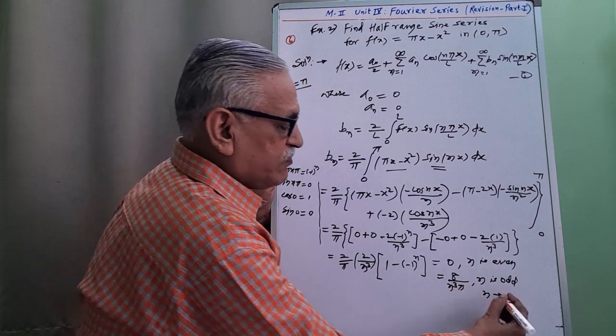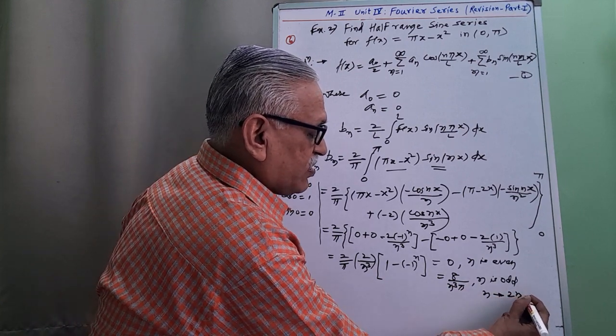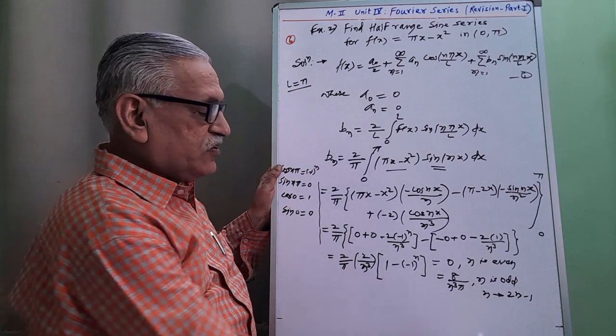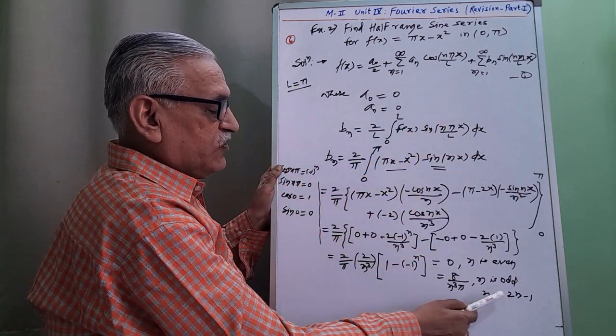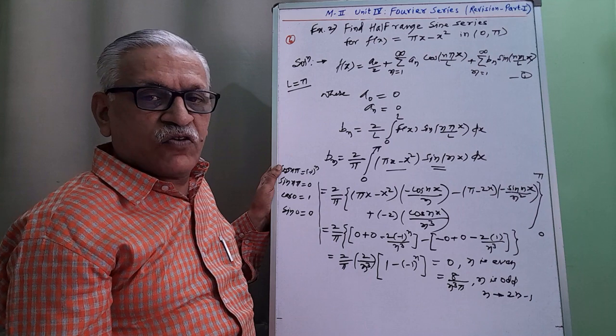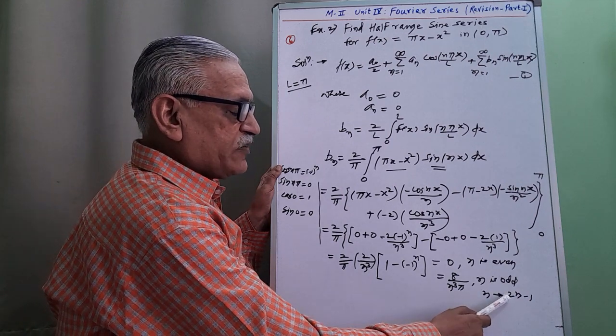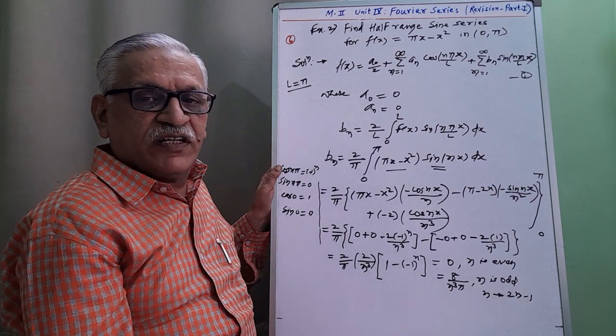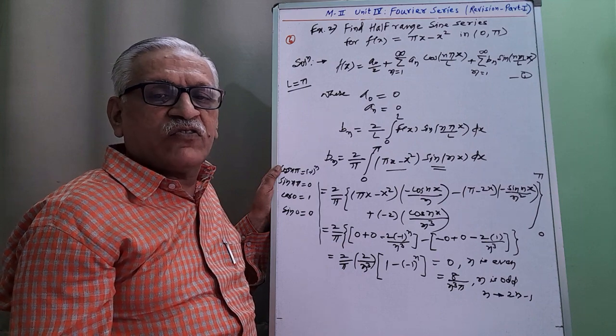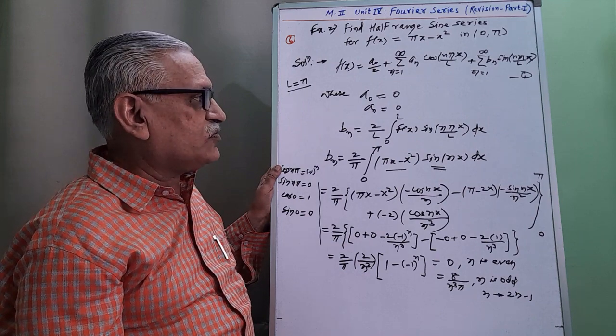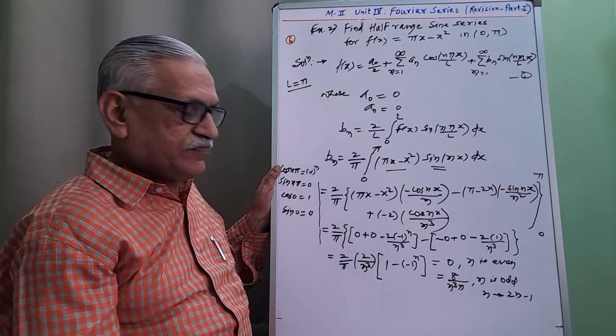General term for odd number is 2n minus 1. Means when we put n equal to 1, we get 2 minus 1, first odd value. For n equal to 2, we get 4 minus 1, 3, second odd value. Means we are getting only values for odd terms.